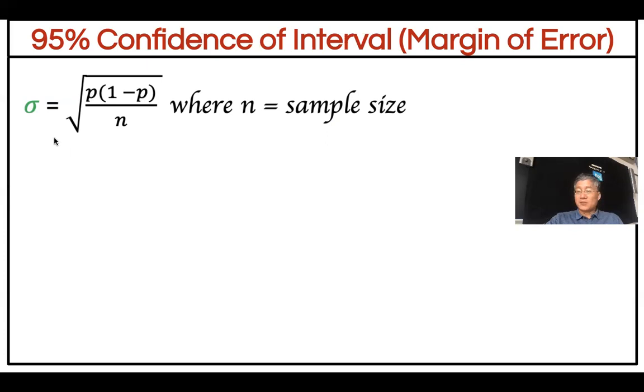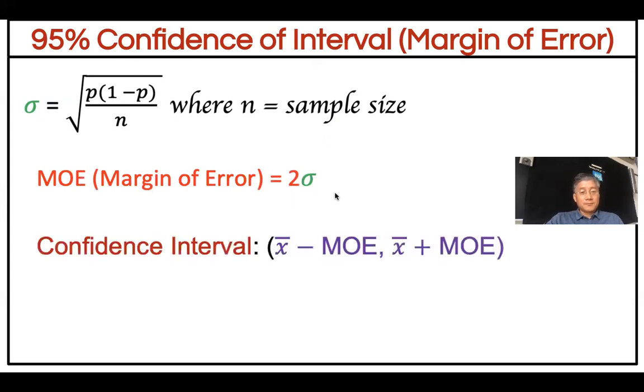That will be the standard deviation formula. So the margin of error for 95% confidence is 2 times the standard deviation. So the confidence interval will be sample mean minus MOE, margin of error, to sample mean plus margin of error. So simple, right?